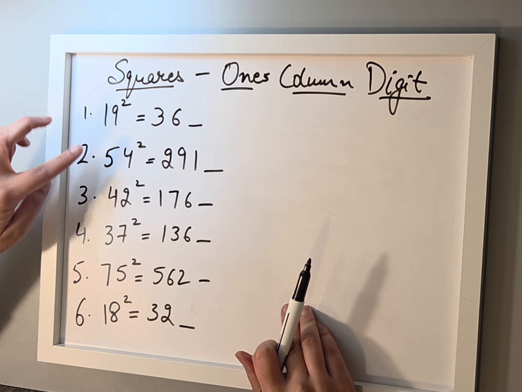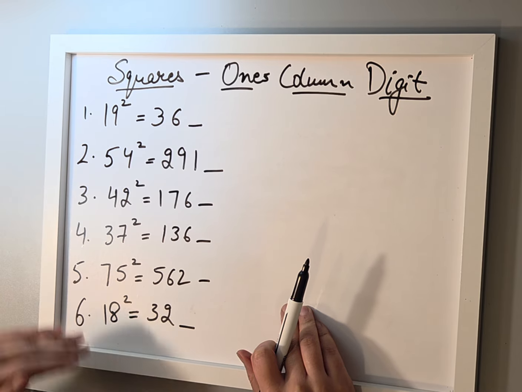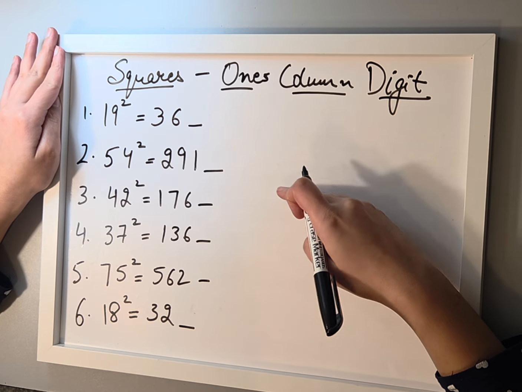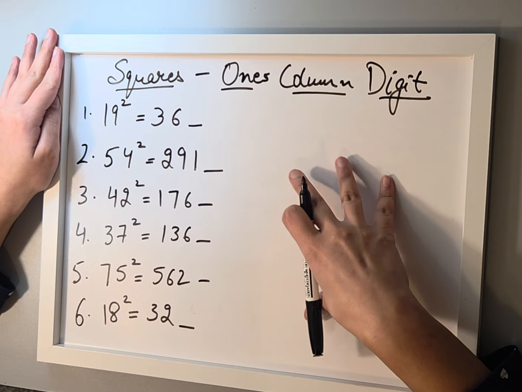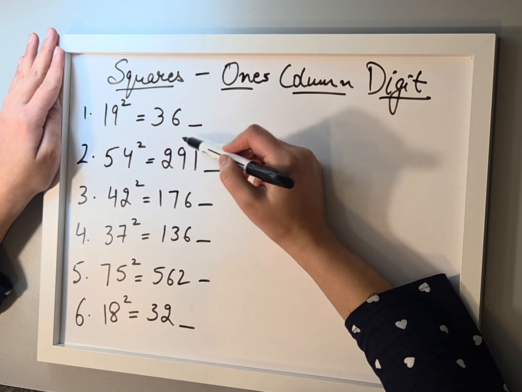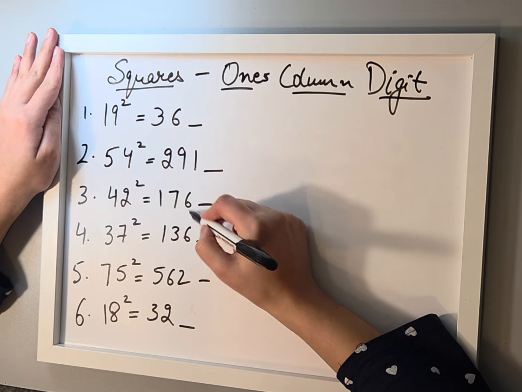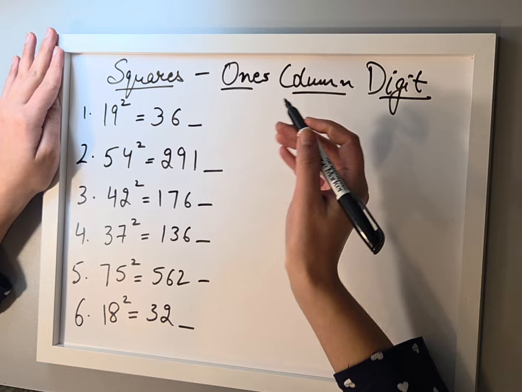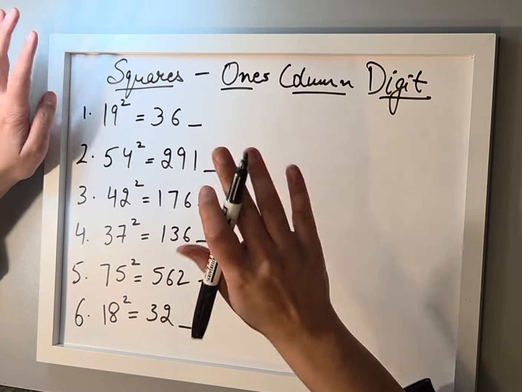We might say, oh my god, these are such big numbers, it is going to take a lot of time to calculate the squares. If we had to calculate the full square, yes, you're right, it is going to take some time, but we just need to complete the digits in the ones column and not the complete square. So there's a small trick to this.